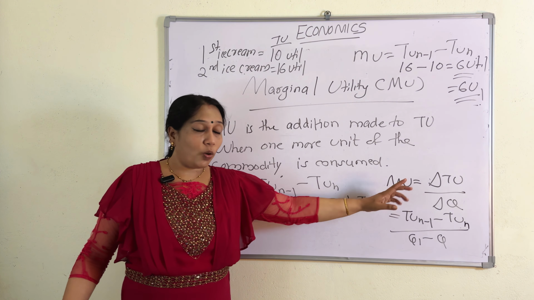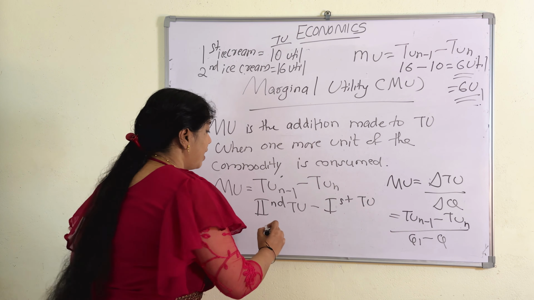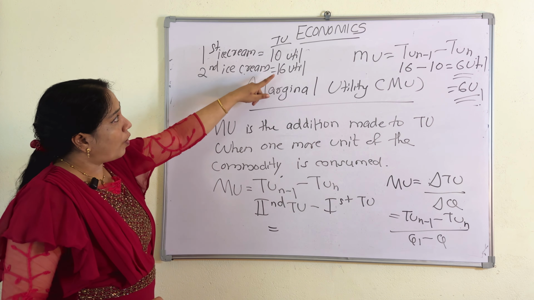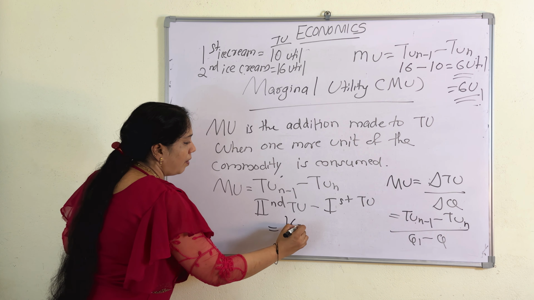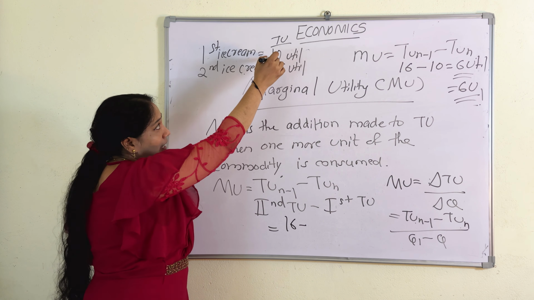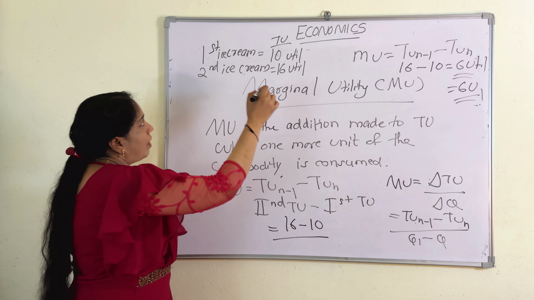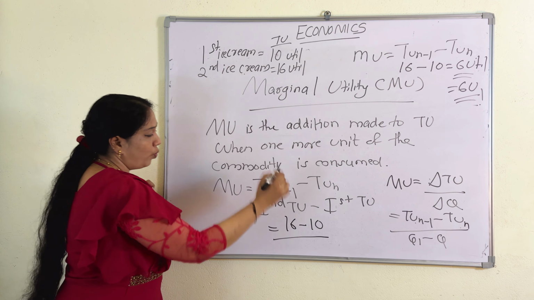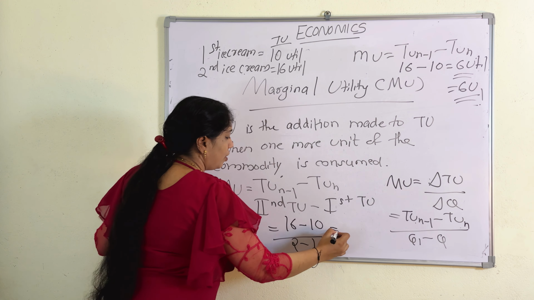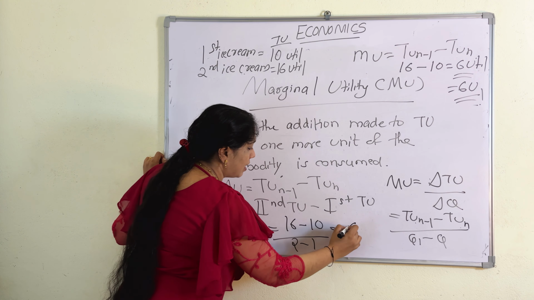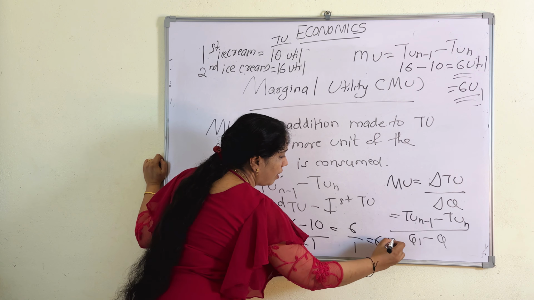Then what is delta Q? Second quantity minus first quantity. Here we can see that second total utility is 16 minus first total utility is 10, by second quantity, which is 2, minus first quantity, which is 1. So 16 minus 10, 6. 2 minus 1, 1. 6 by 1 equal to 6 util.